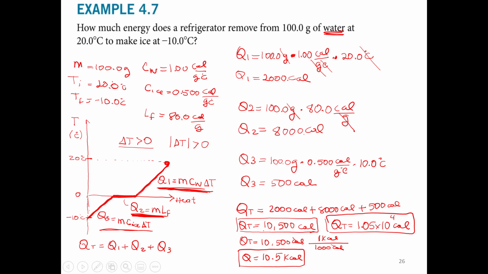We can say the amount of energy removed from the water is 10,500 calories, or 10.5 kilocalories, or 1.05 times 10 to the power 4 calories. In the final answer, we keep 3 significant digits, because we had 3 significant digits in the information from the problem.